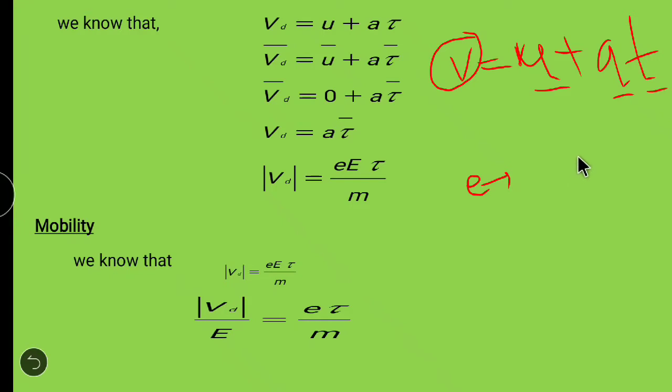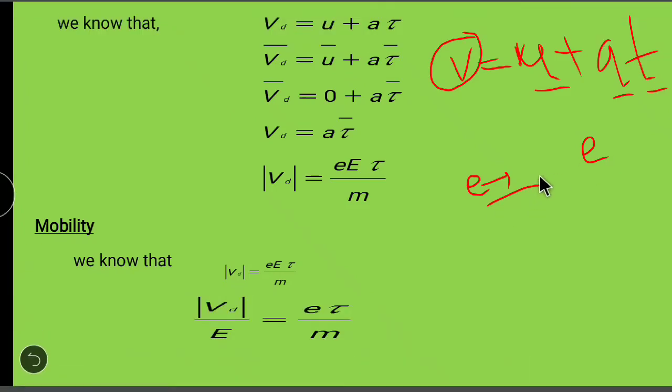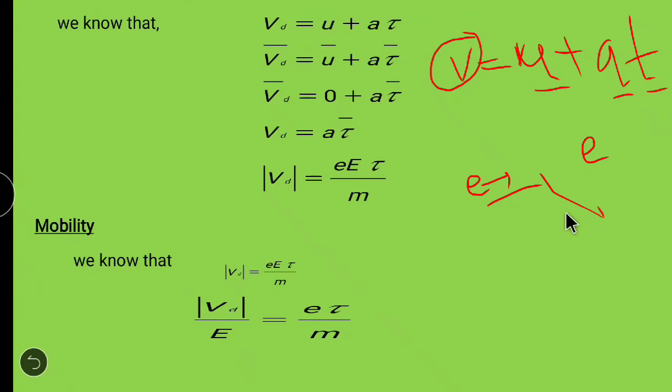So in between these 2 points, suppose here it has collided with this electron. So this distance is lambda.